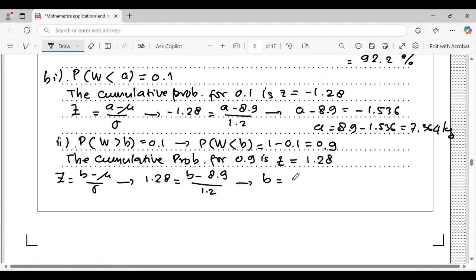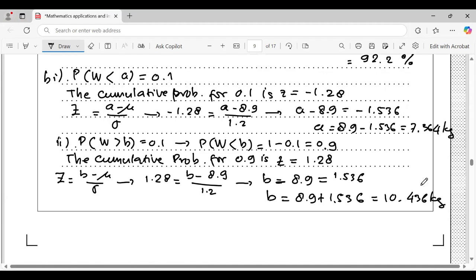So B minus 8.9 equals 1.536, so B equals 8.9 plus 1.536. If you calculate, it is 10.436 kg.